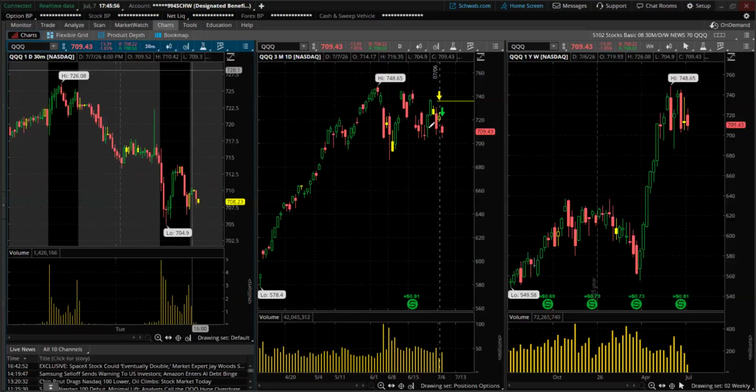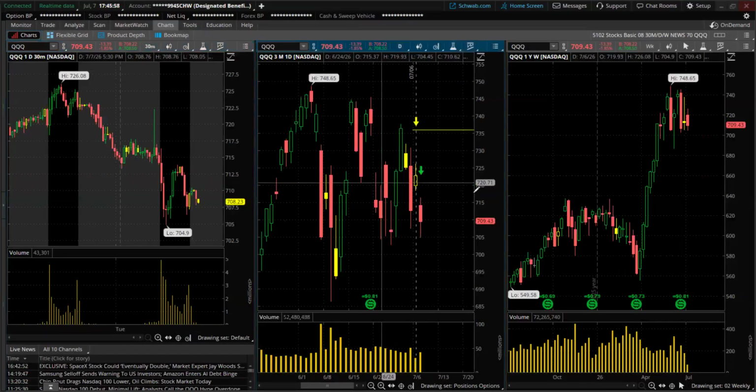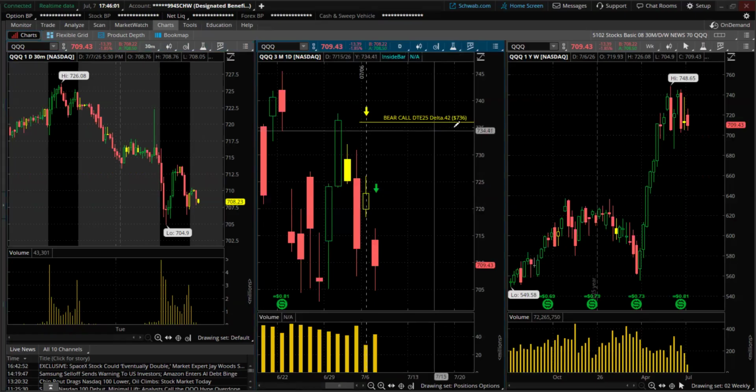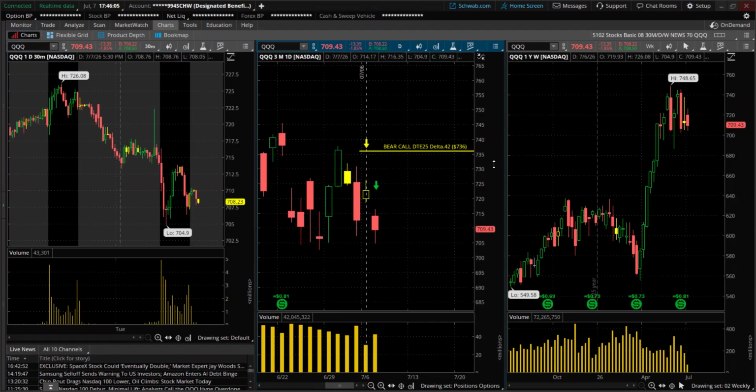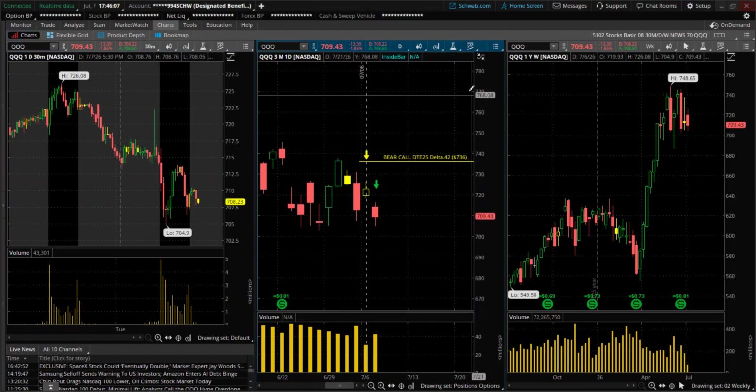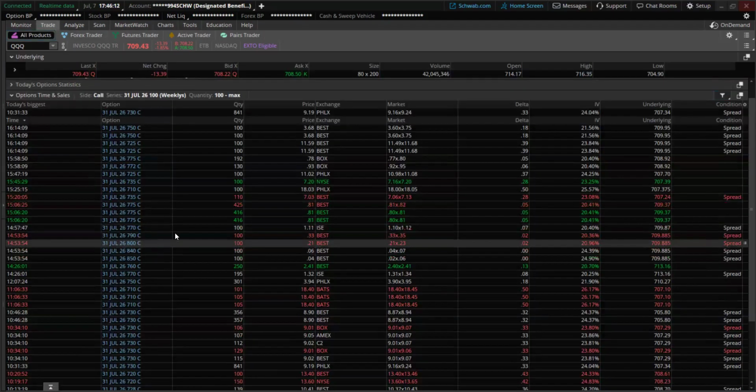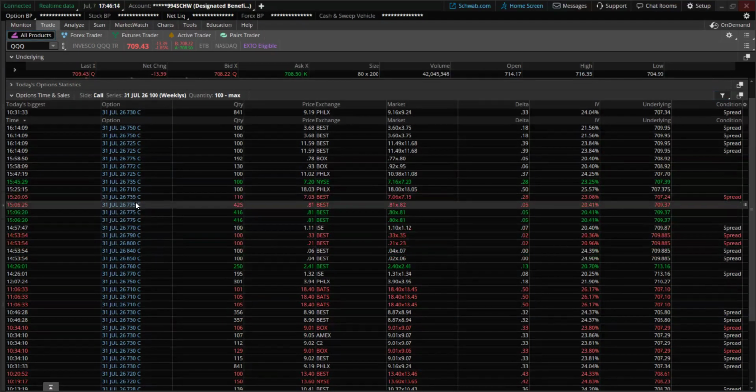I'll show you here. Okay, this is the one I did. The 736. And the one they did again was 770, right? Which is really far away, all the way up here. Sorry, 775, even higher away. So that's why they collect less money.